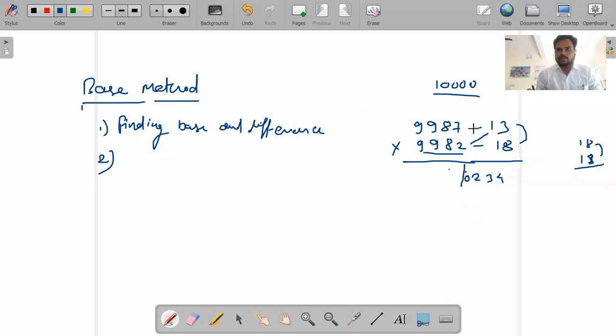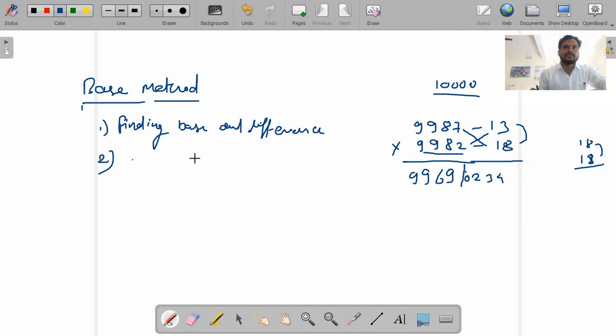Either you subtract these two or these two, 9987 with 18. Both the answers will be the same. 12 minus 3 is 9, and 7 minus 1 is 6. So 9969. So the answer for this multiplication is 99690234.